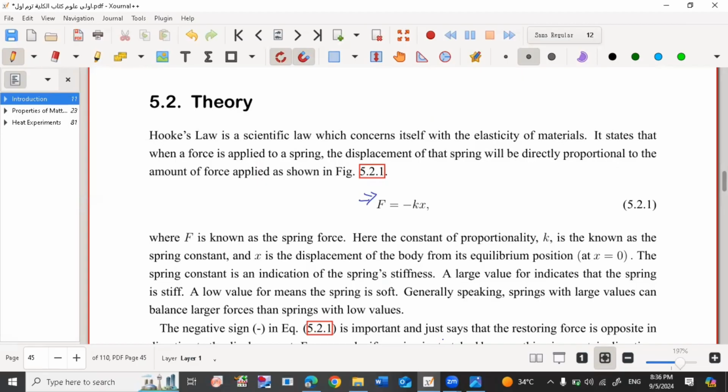And if this force is in the reverse direction, like a compressing force, this means the spring is going to shrink more and more by this external force. So F here is known as the spring force, K is the proportional constant, and X is the displacement.